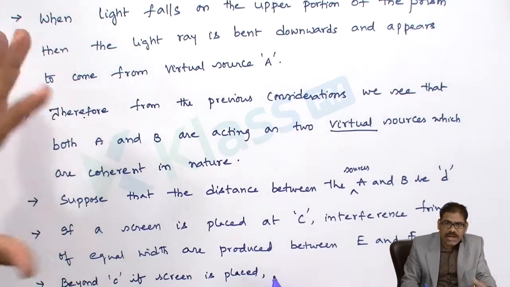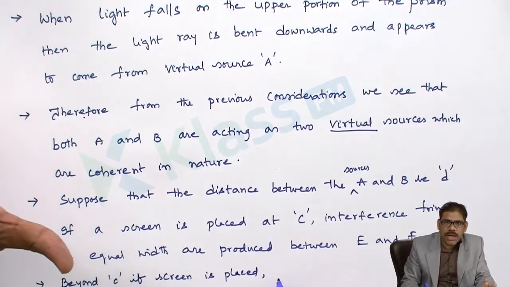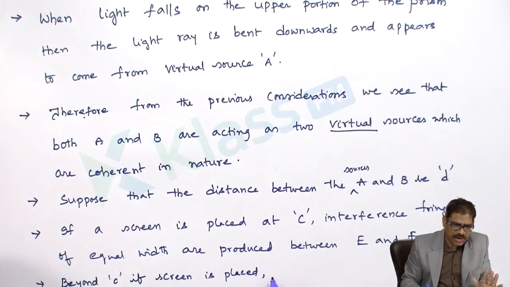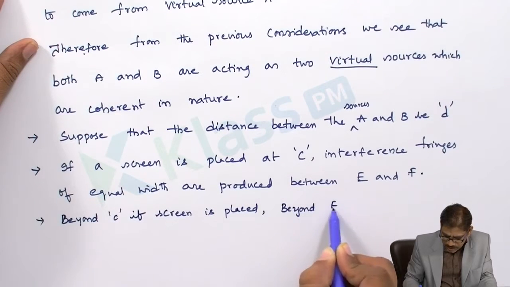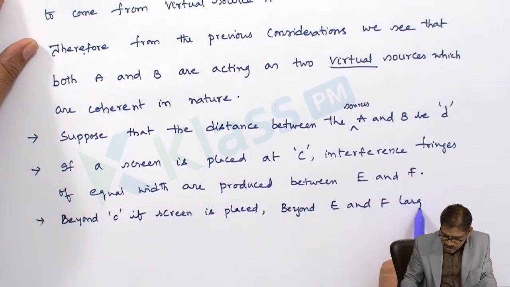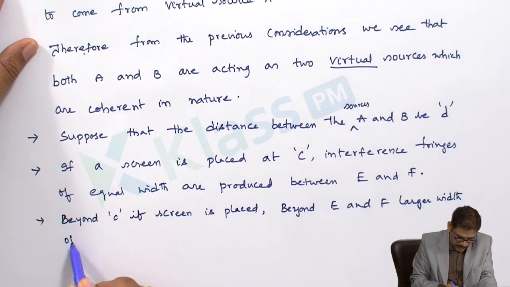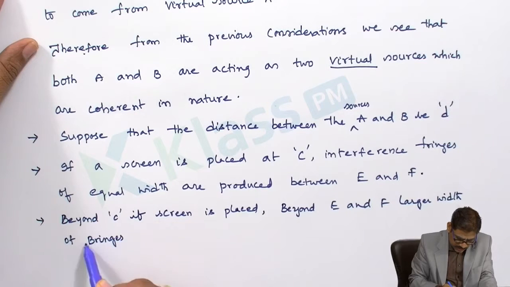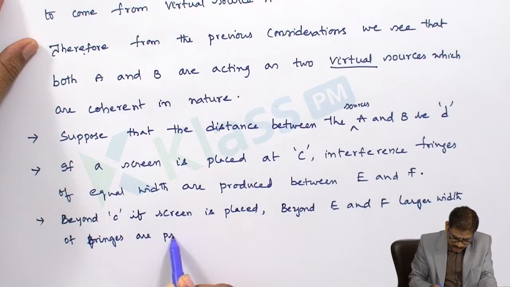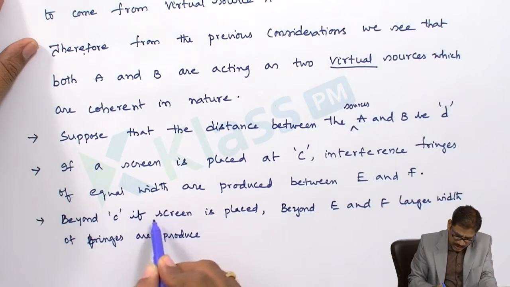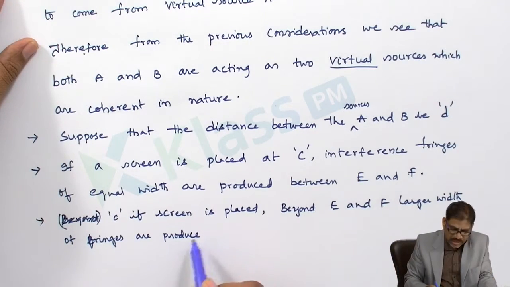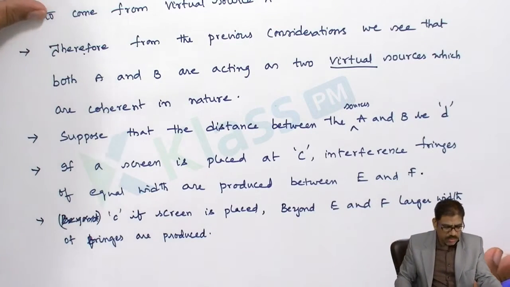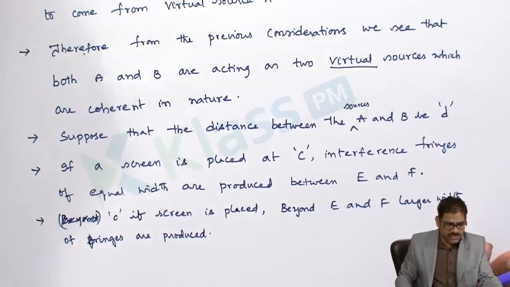Beyond C we have unequal widths of fringes being formed, but outside E and F. So if the screen is placed beyond E and F, larger width of fringes are produced. This is for the unmatched fringes.